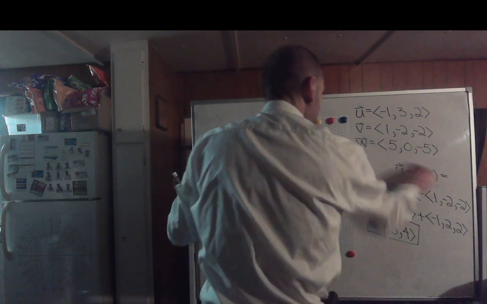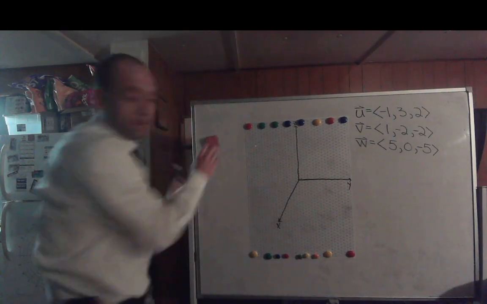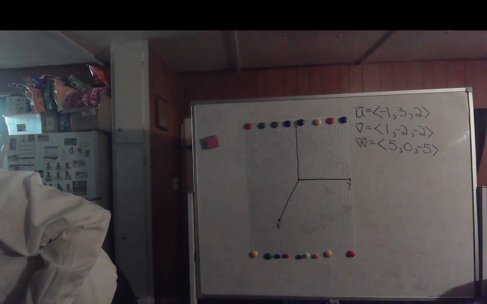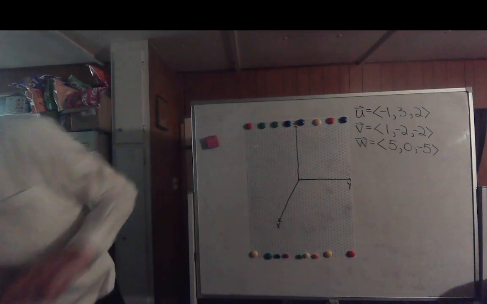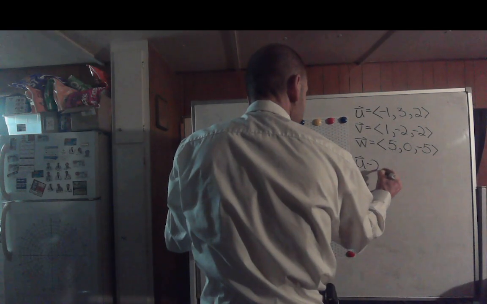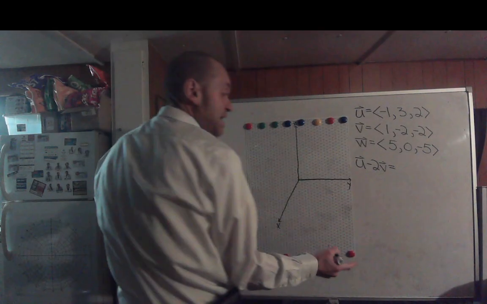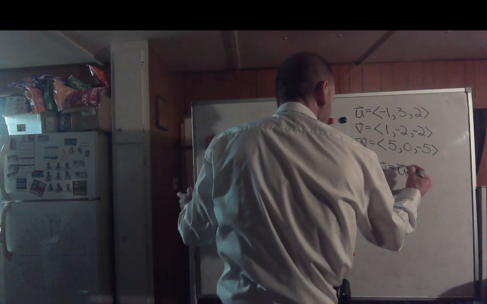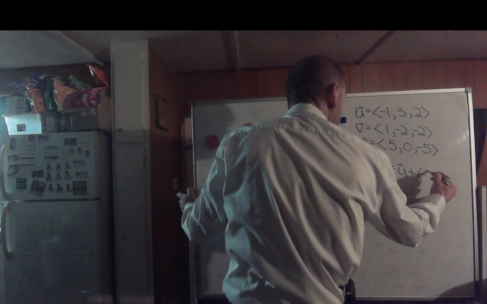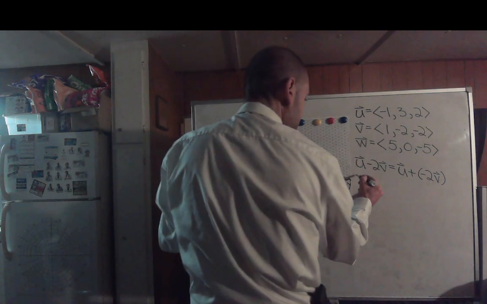Alright, so having said that, let's get into a little bit more examples here. Let's spice it up a little bit. Let's say I take u minus 2 times v. Well, this is the exact same thing as taking u plus the negative of 2 times vector v. That's the exact same thing. So let's do just that.